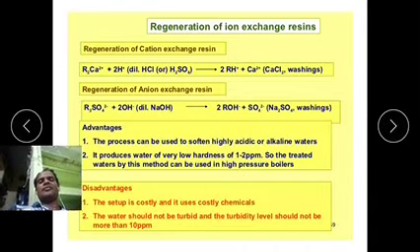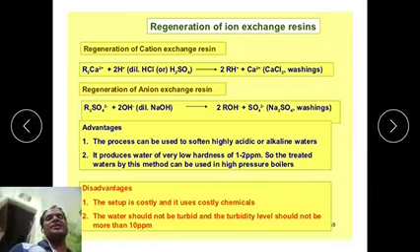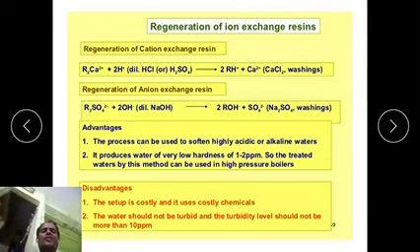After some time, the resins of the cation exchanger and anion exchanger become exhausted.